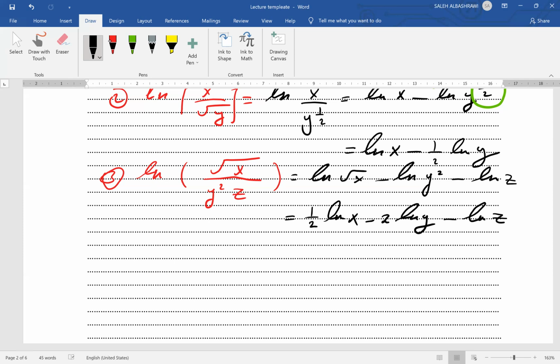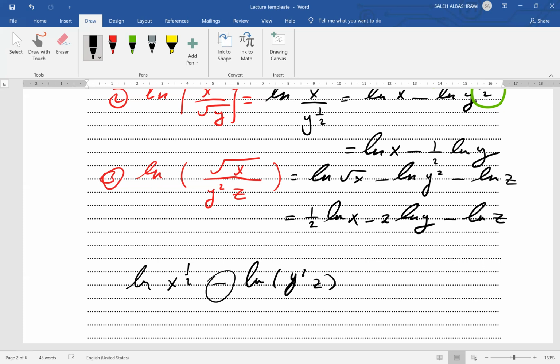So again, if we have a product in the numerator, we are going to write plus or addition between two logarithms. If we have a product in the denominator, then it is minus. So we have to be careful about this sign. To make it more clear, this is ln of x to the power 1/2 minus ln of y squared z.